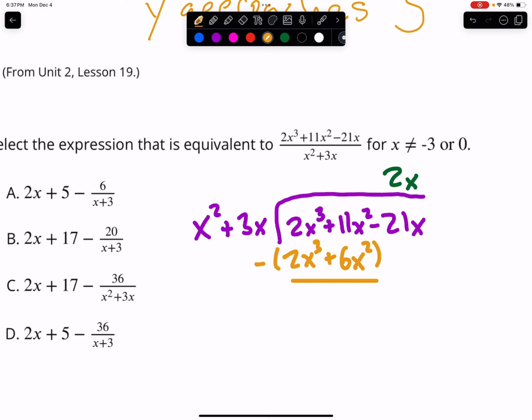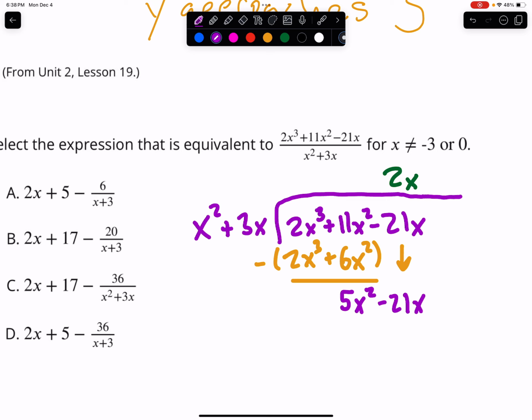That cancels out. 11x squared minus 6x squared. I'm thinking what we're looking at here is 5x squared. We bring down this good old negative 21x minus 21x.